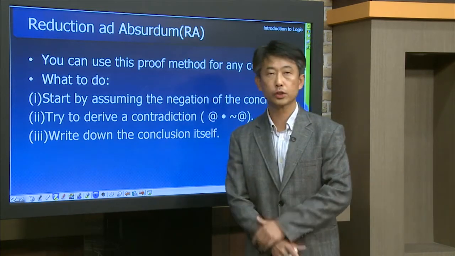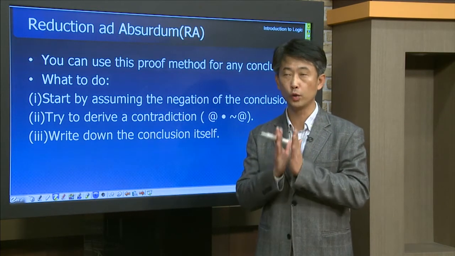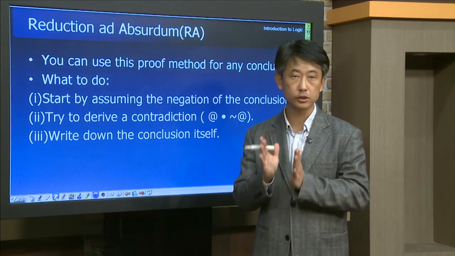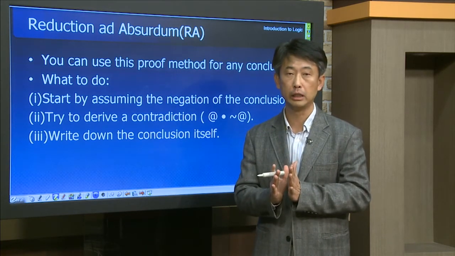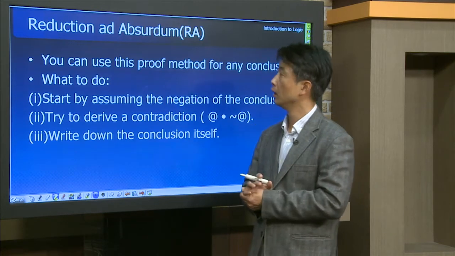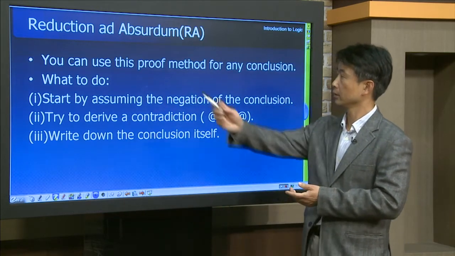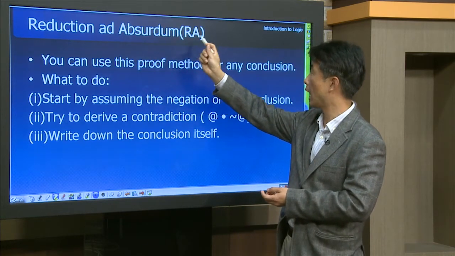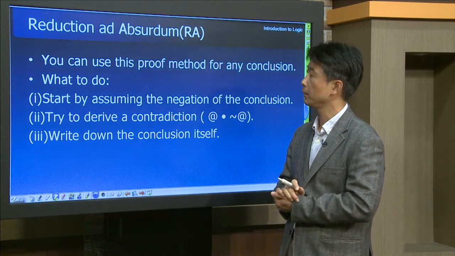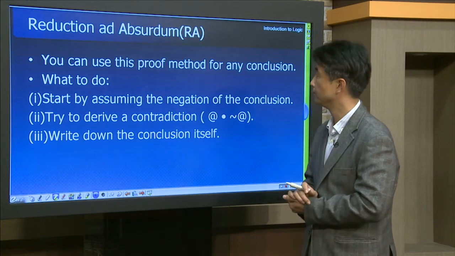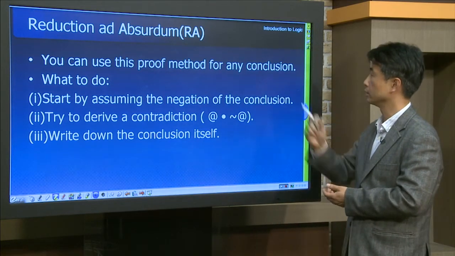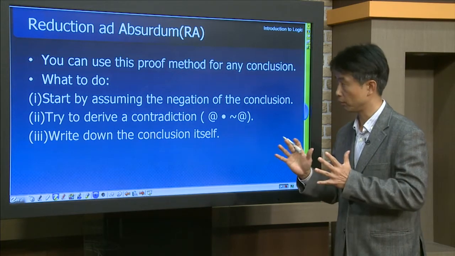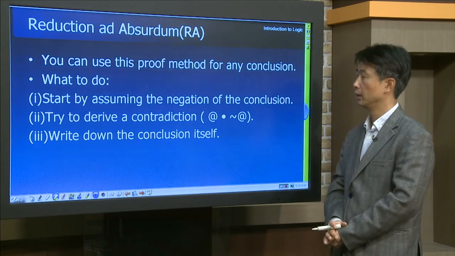We can use conditional proof only for conditional statements, but there is no such restriction for reductio. RA, reduction to absurdity, can be used for any conclusion, okay, for any conclusion. So it's a very general method.